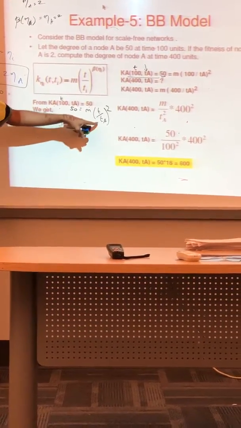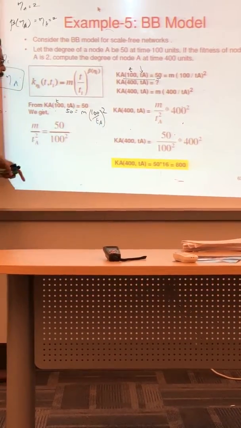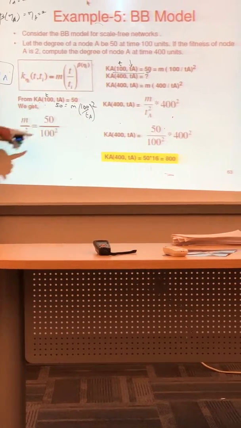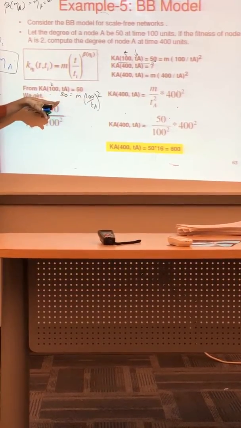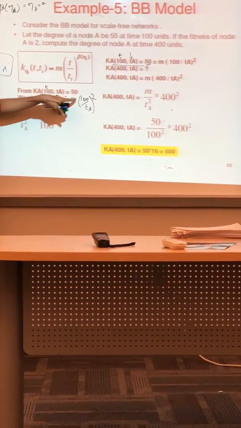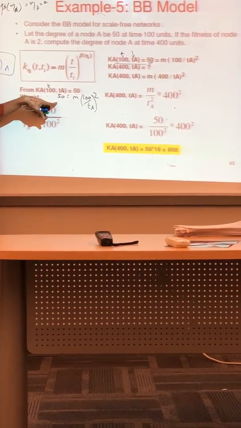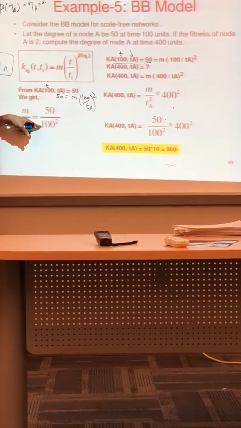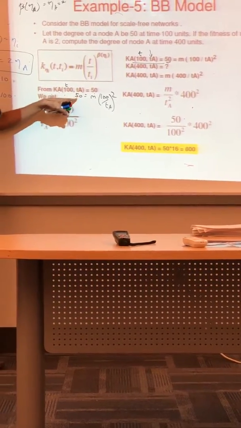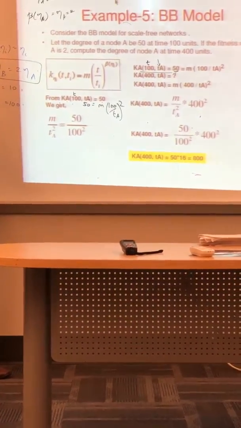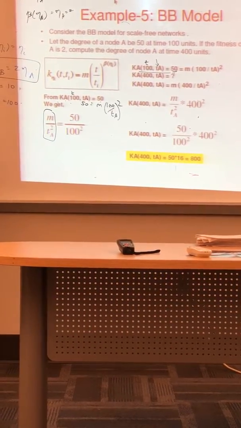Ta is not known, but T is known as 100. So m over Ta square. If you bring the 100 square to the other side, it comes to the denominator. So m over Ta square is 50 divided by 100 square. So I have this combined to one unknown now.